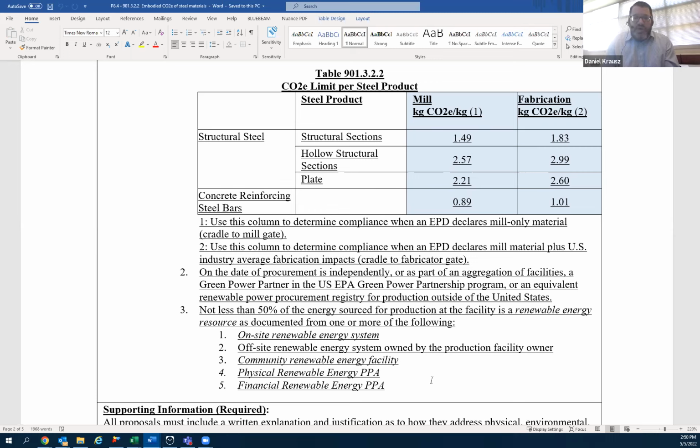Can a project not be energy efficient and just buy renewables instead? Most often, for many aspects of the code, the answer is no, because you're trying to actually have an efficient building. And I think it's the same here with trying to manufacture more efficiently. I don't know that we're gaining anything with this financial renewables. And I don't think, again, that projects will be in a pinch if they're opting for this path.